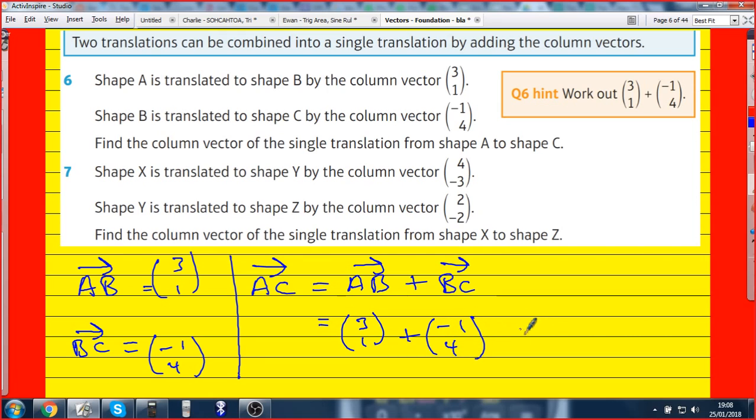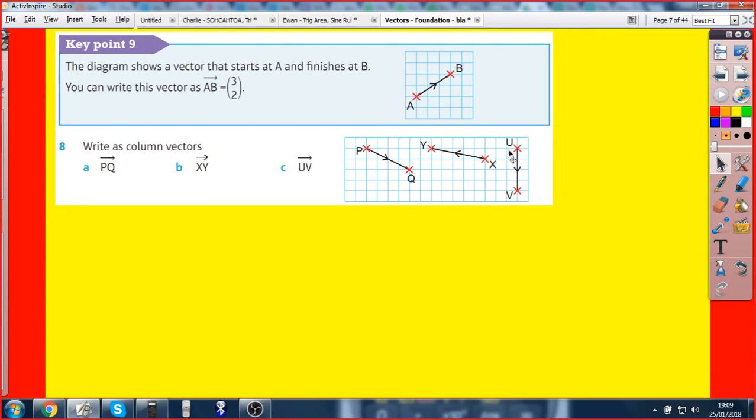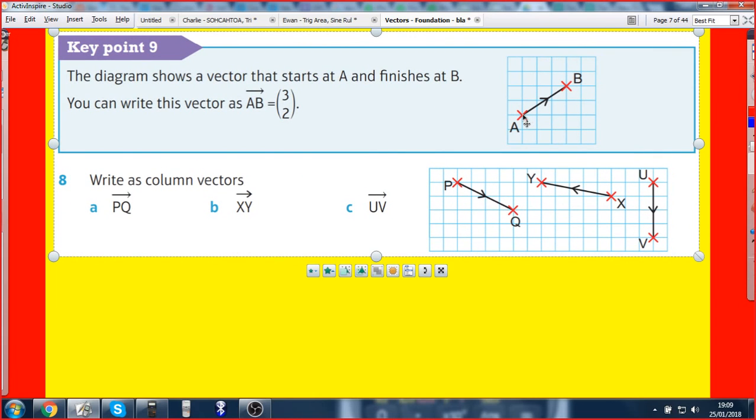And so AC is? 2, 5. That's it. Any questions there? No. 2, 5. Okay, so this is what this looks like on a diagram. You start at A and you go in the direction of the arrow to B.